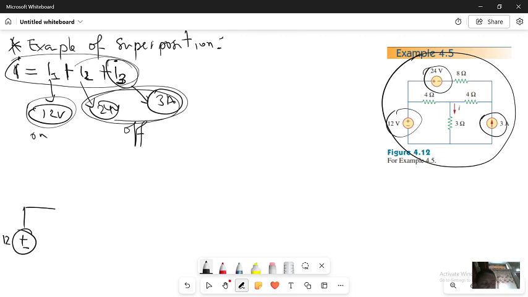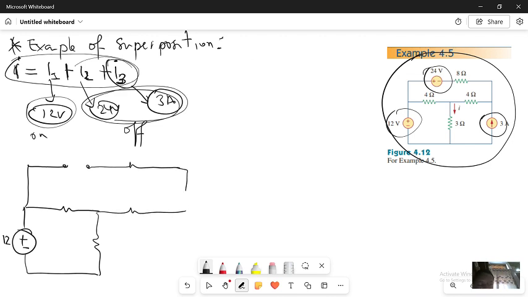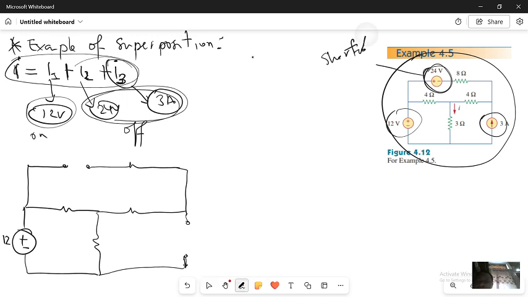Now, I will have my source of 12, my 8 resistor here, and another 4 resistor here. Since this is a voltage source, it's going to be shorted here.